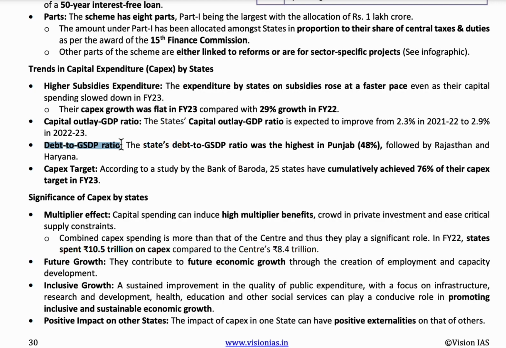The state of Punjab has the highest debt to GSDP ratio of 48%, you can see over here. After Punjab, the highest debt to GSDP ratio is Rajasthan, and next Haryana. So Punjab, Rajasthan, Haryana have a high debt to GSDP ratio.